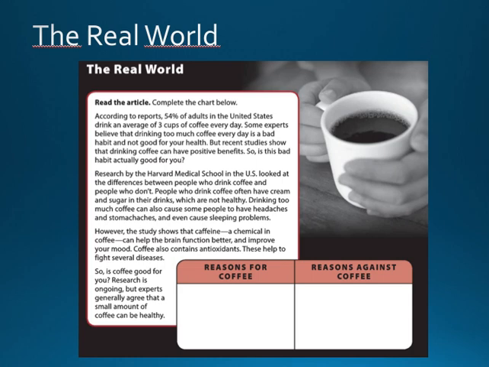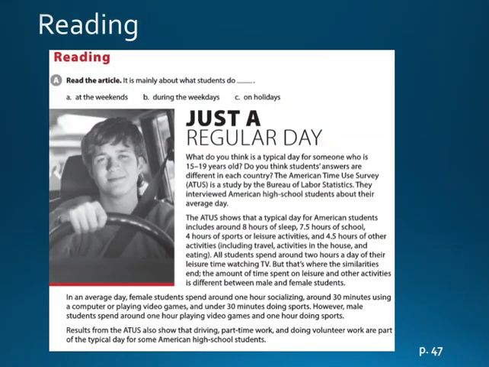Okay? Then, on the next page, page 47, we have another reading. In order to answer the question on letter A, you need to read the whole article, and then you can choose the correct answer between A, B, or C.